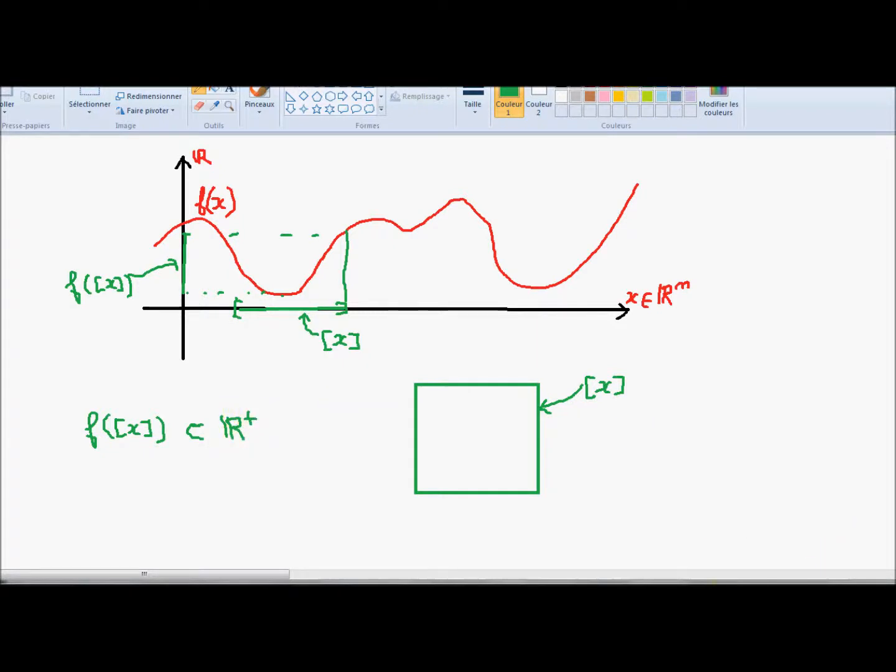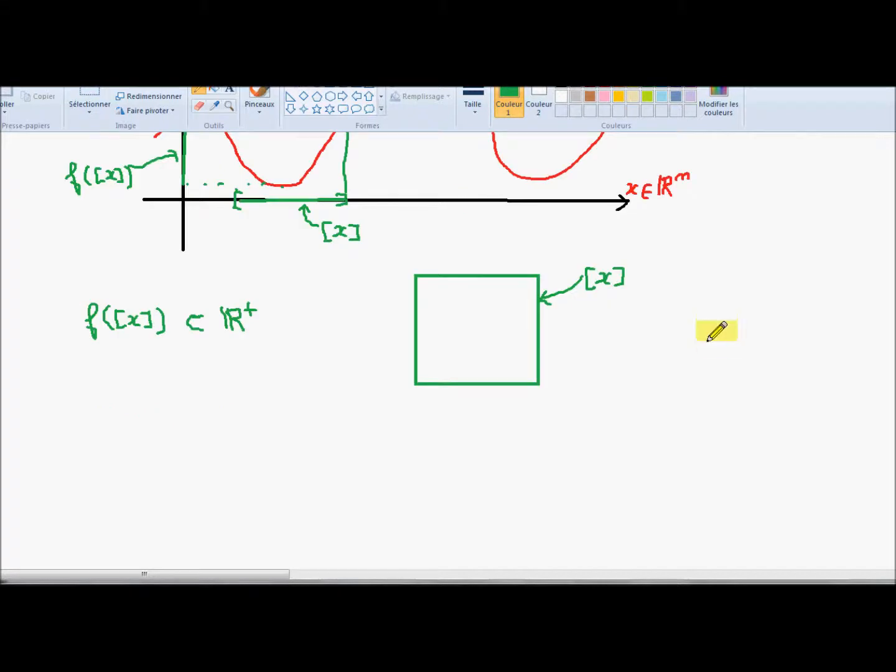If you prefer, I can write it like this: I want to show that for all x belonging to the box [x], which is included in Rn, f of x is positive.